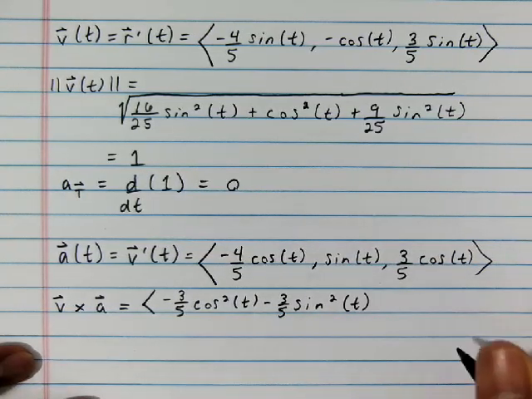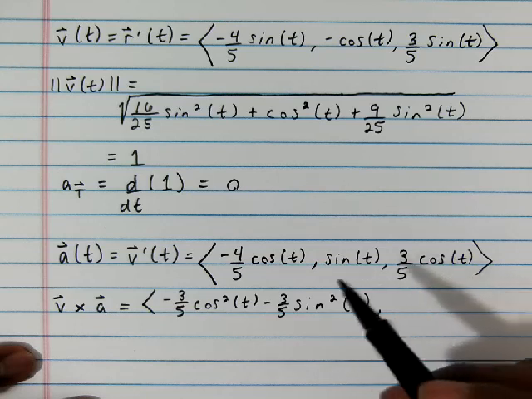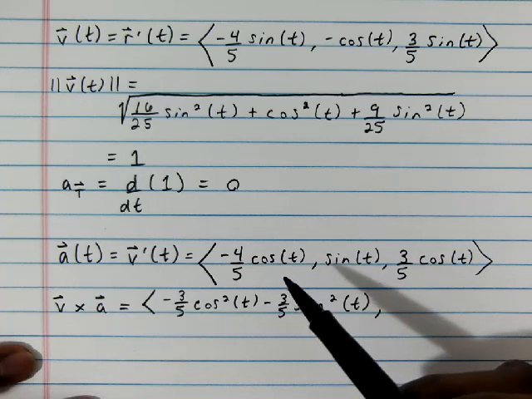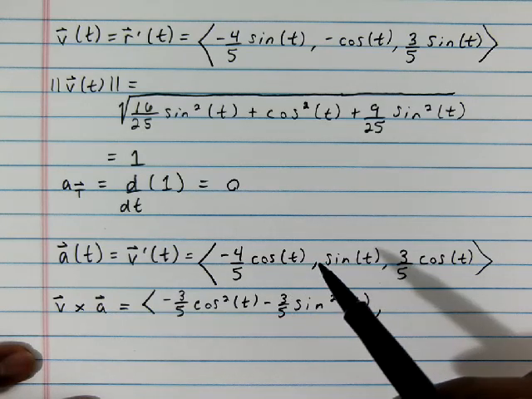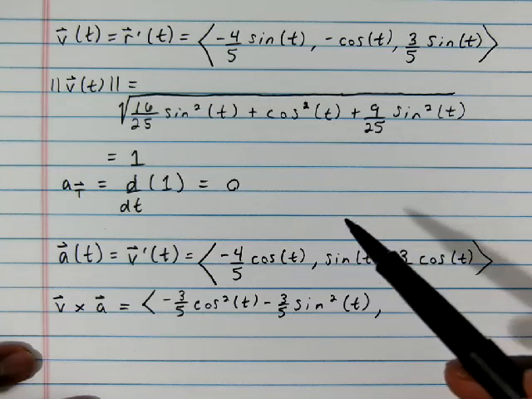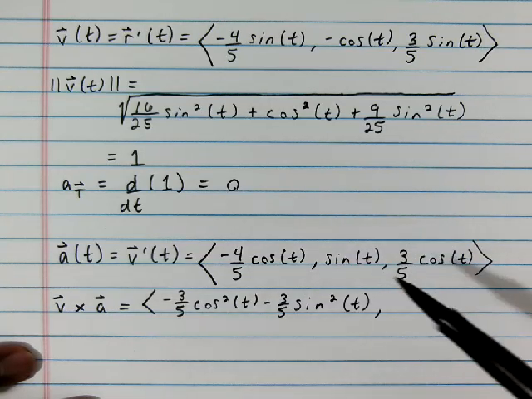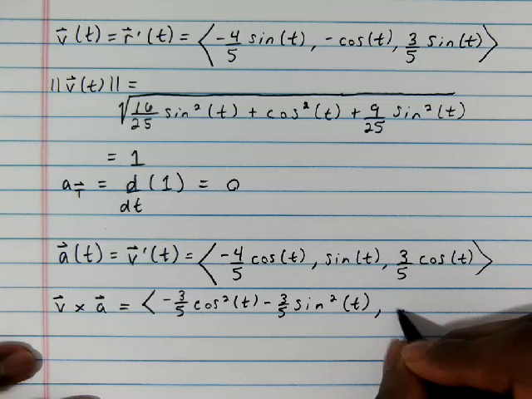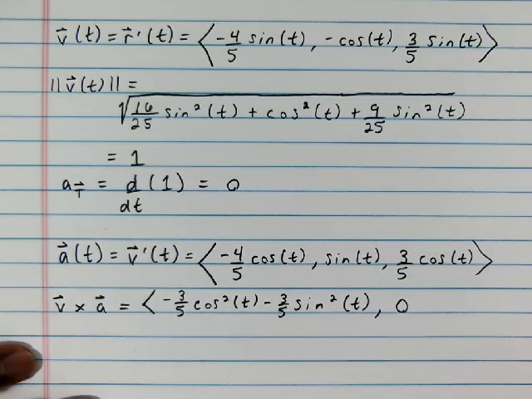That's my first component. Second component is going to be -12 over 25 cosine t sine t, and then minus the negative 12 over 25 cosine t sine t, but that's 0. So we just get 0 right there.